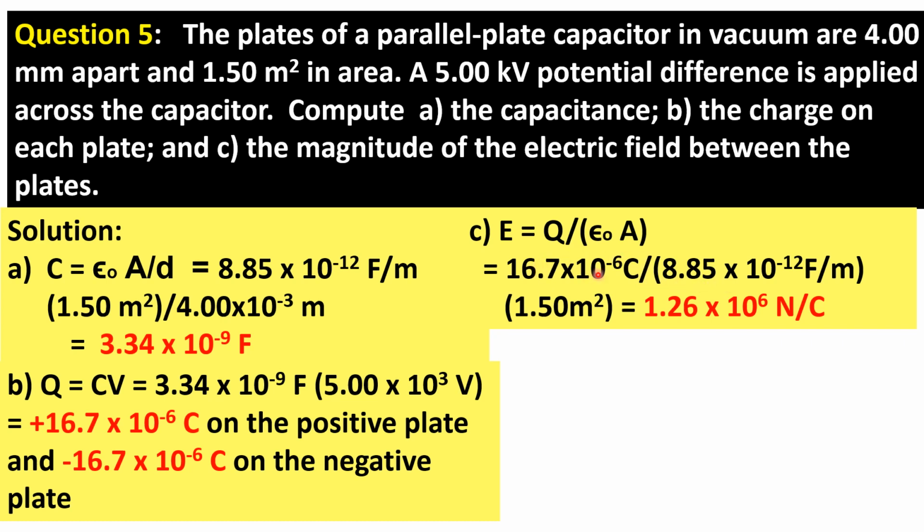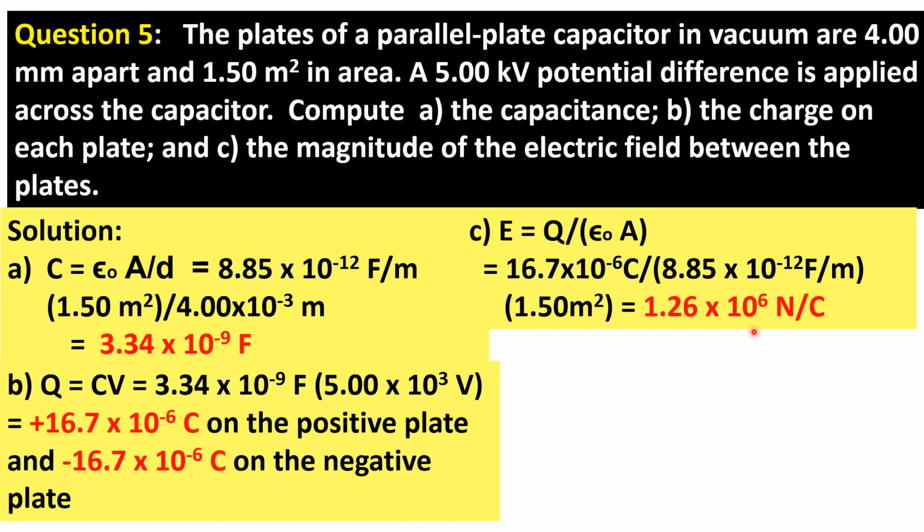Before dividing the value of Q, we should first get the product of the constant epsilon naught by the area. The moment we have that product, then that's the time we divide 16.7 times 10 to the negative 6 coulomb by that product, and we will get the electric field equal to 1.26 times 10 to the 6 newton per coulomb.